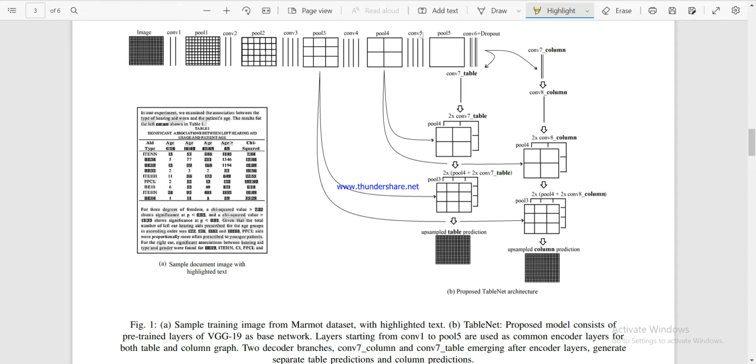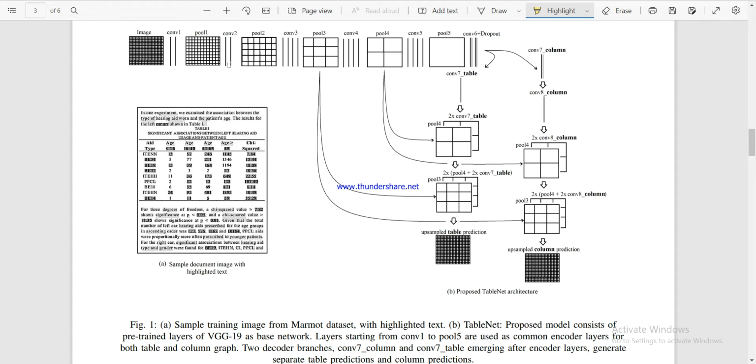Now there are two decoder branches after this pool 5 pooling layer. One is for the table branch and one is for the column branch. The two decoder branches, convolution 7 column and convolution 7 table, emerge after the encoder layers.